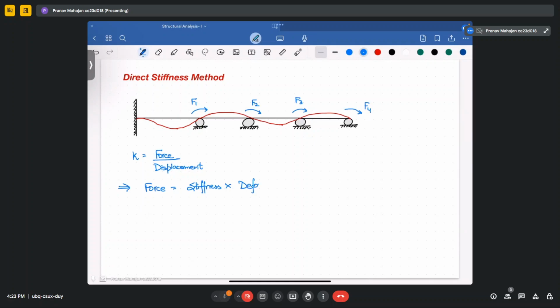Let me write it as deformation. So let the deformations here be D1, D2, D3, and D4 in the member. So then how will you write the matrix? That will be F1, F2, F3, F4.